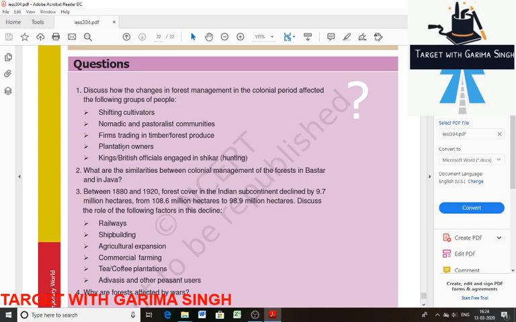Then there are kings and British officials engaged in shikar. Forest law banned hunting of deer, partridge and small animals.